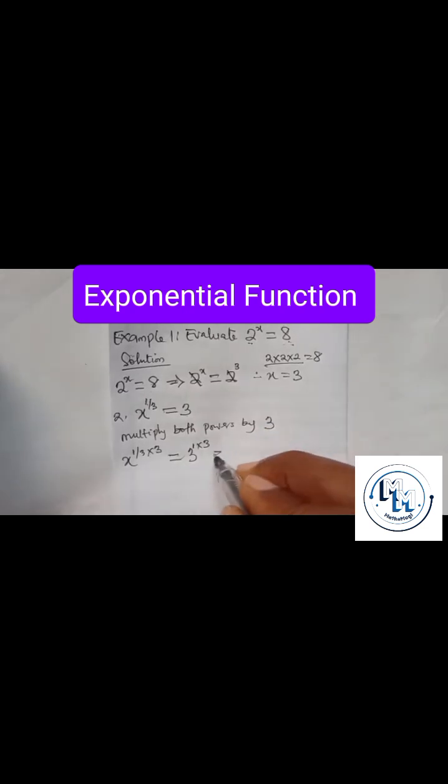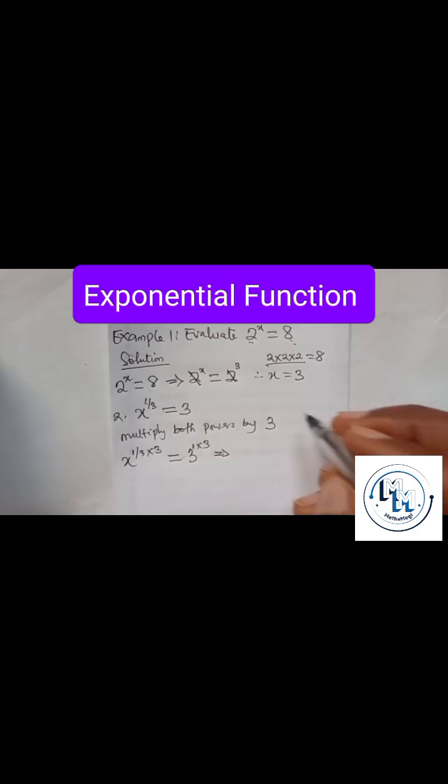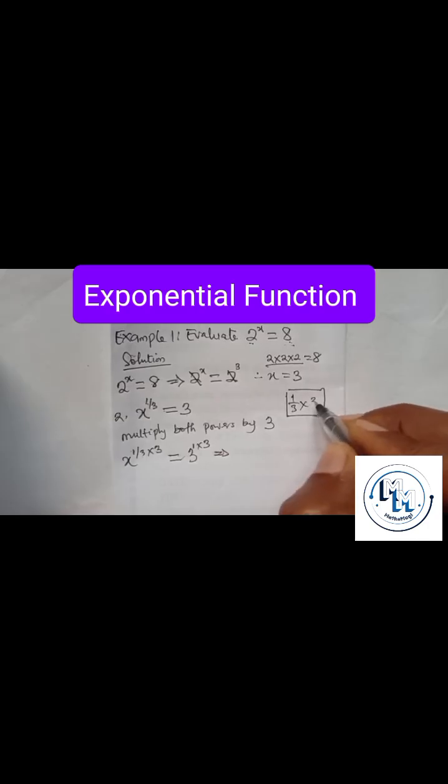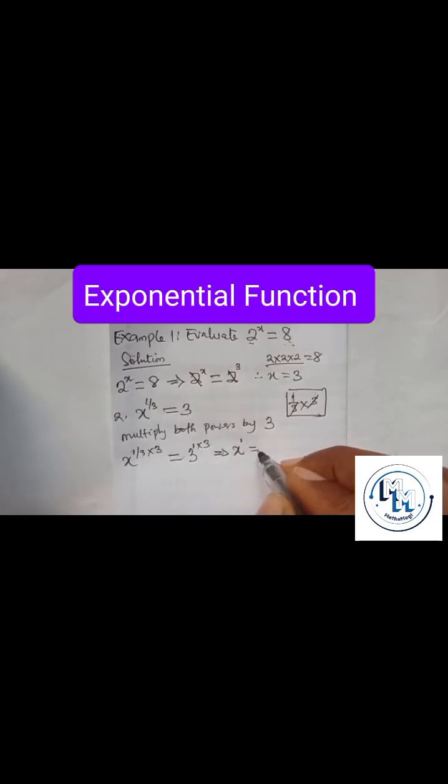I will continue. 1 over 3 times 3, let's do a rough work here. That means 3 cancels 3. I have 1 here. Therefore, 1 times 1 is 1. That means I have x power 1 is equal to 1 times 3 is 3.